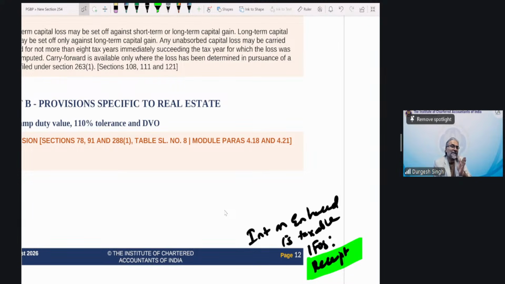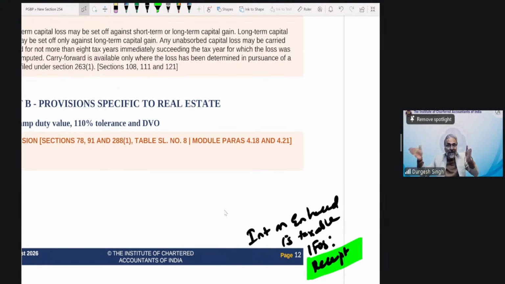His question is: the period of holding is to be calculated from the date when the asset became a capital asset, which means when it became urban agricultural land, or from the date when I originally acquired the asset, which is rural agricultural land?